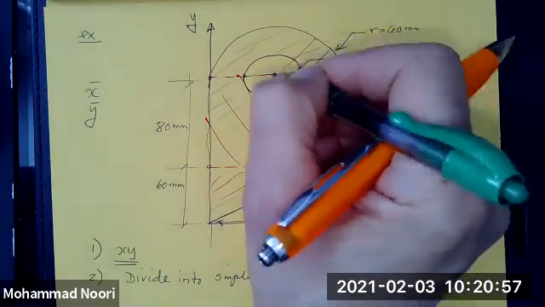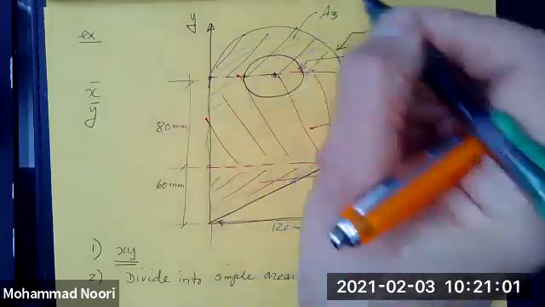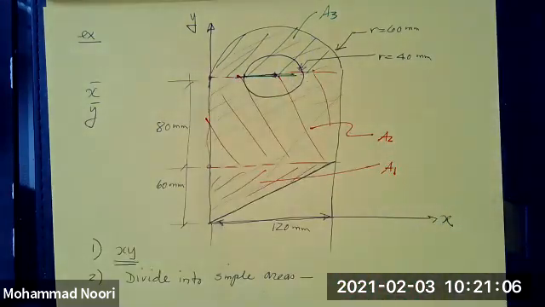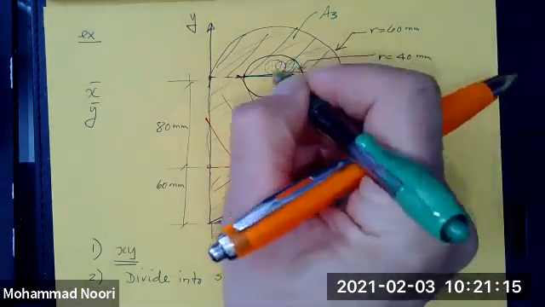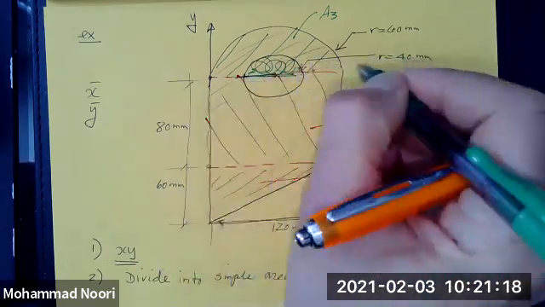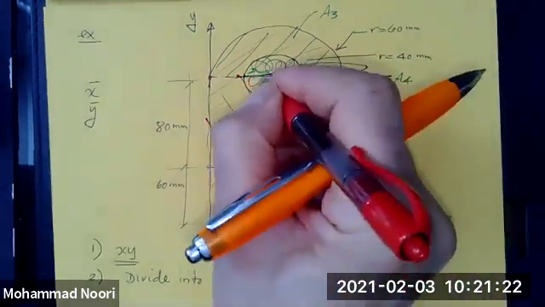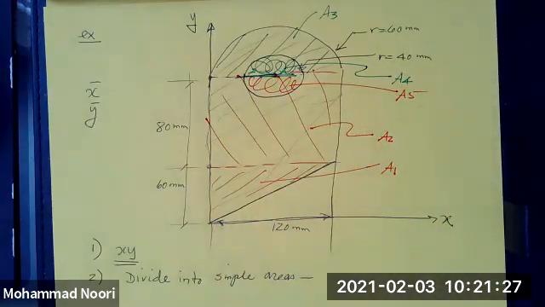I call this half circle area 3, and then break down this to two areas. One is this part, which is this half circle on top. I call that A4, and then this half circle on bottom, which I call A5. So that's step 2.